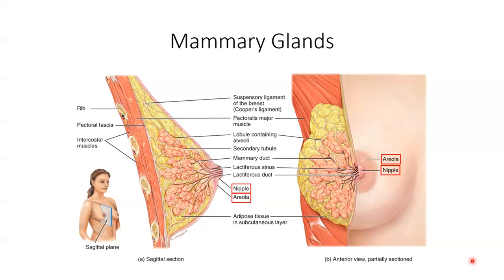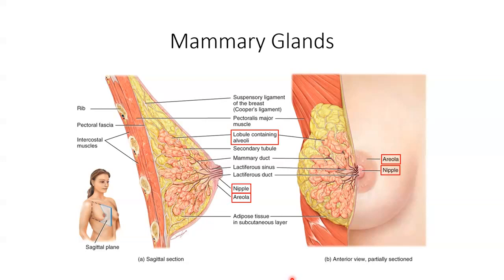In each lobe of the breast are several smaller components called lobules. These lobules contain grape-like clusters of milk-secreting glands called alveoli. So the same term that we use for the alveoli of the lungs.